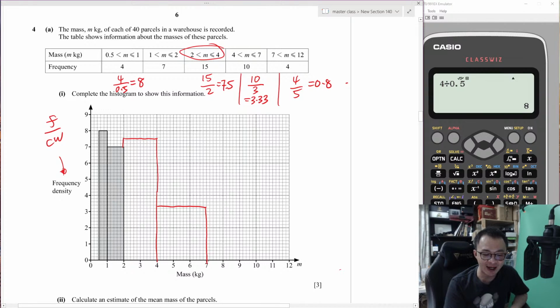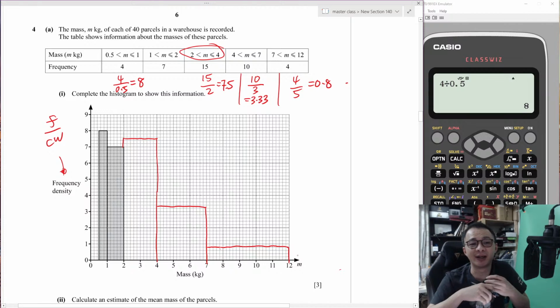The last one is 0.8 from 7 to 12, so 0.8 is this line here. It's so ugly, but it doesn't matter as long as you get the idea. If I used a ruler, this would be much nicer. You just need to know how to read the value.